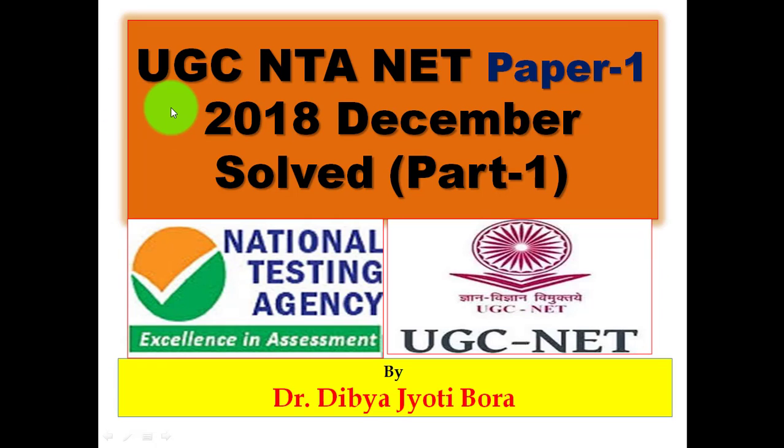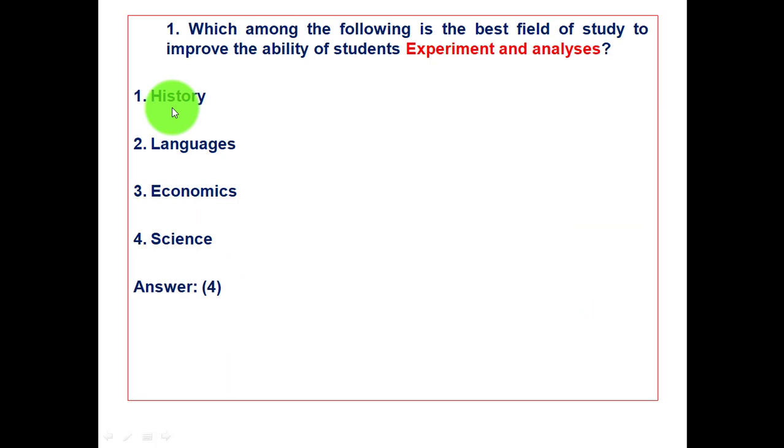So let's start. The first question that came in the 2018 December UGC NTA NET paper 1 is: which among the following is the best field of study to improve the ability of students in experiment and analysis?